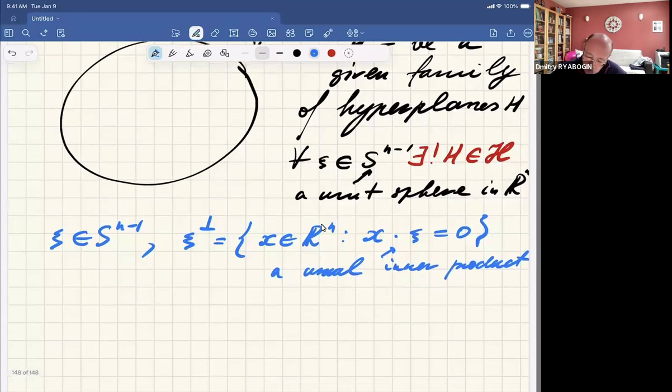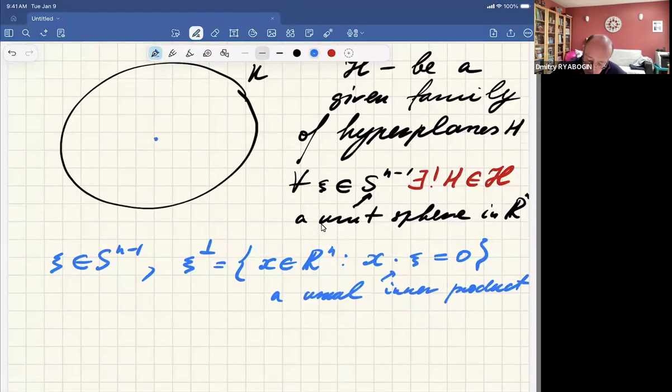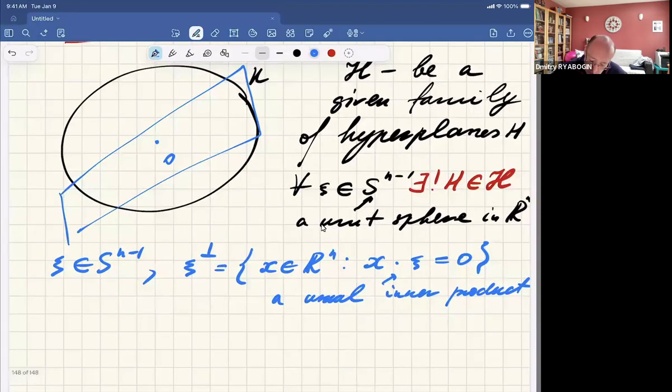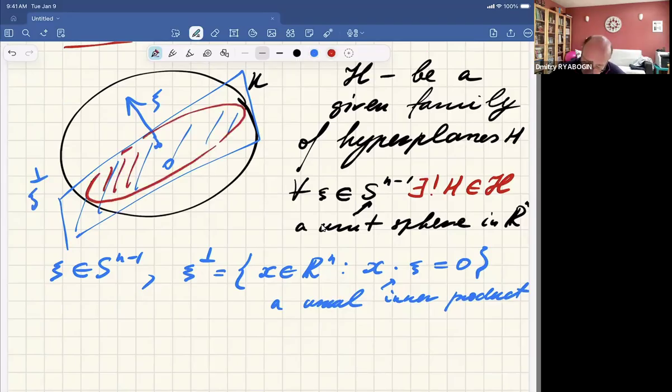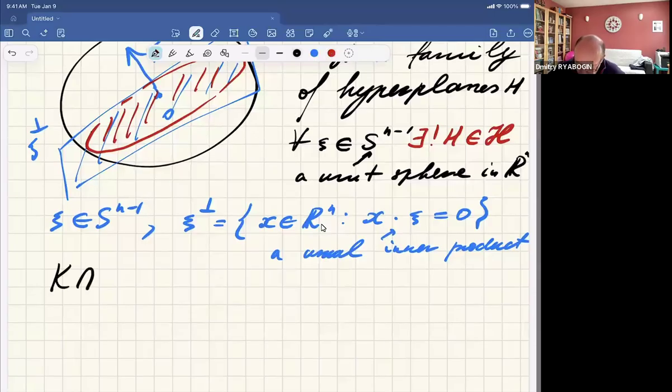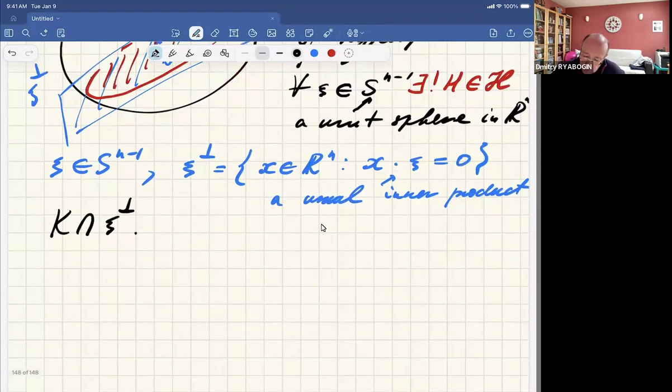So in the picture here, for example, the origin is here, I take my psi, and this is my psi perp. Then I have a section of my body by this hyperplane. We are going to consider K intersection psi perp. And then the question is as follows.